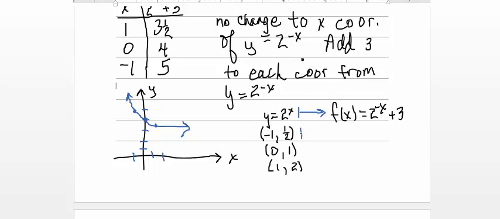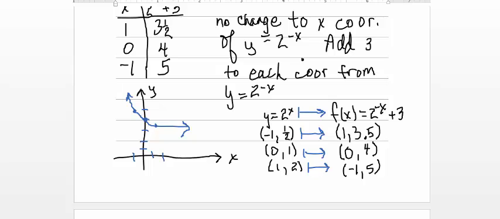So each of these points got transformed, and actually this happens to every single point on the graph. The point negative 1, 1/2 was transformed to the point 1, 3.5. The point 0, 1 was transformed to the point 0, 4, and the point 1, 2 was transformed to the point negative 1, 5. So when you do the reflection and then the vertical translation, this is how these 3 key points changed.